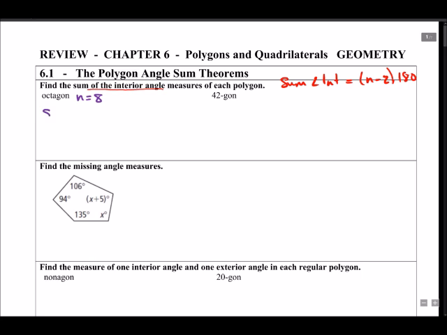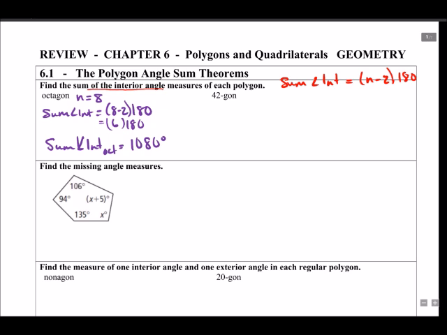So the sum of the interior angles is 8 minus 2 times 180. So that's 6 times 180. And the sum of the interior angles of an octagon is 1080 degrees.